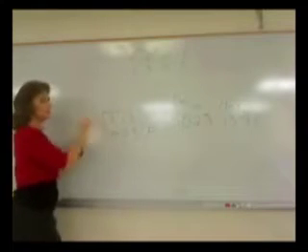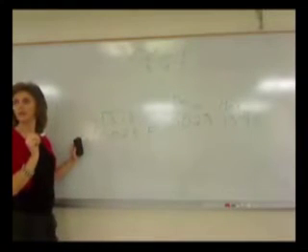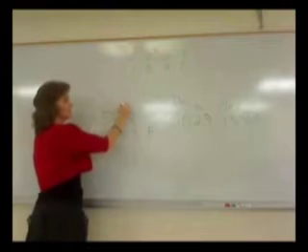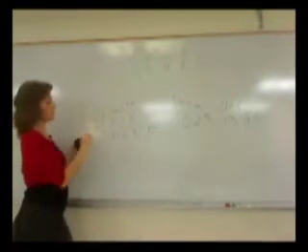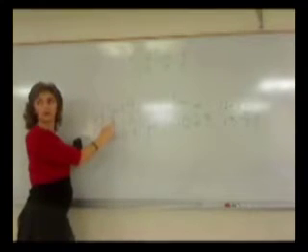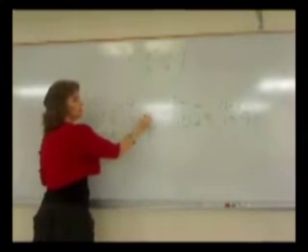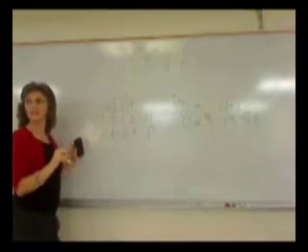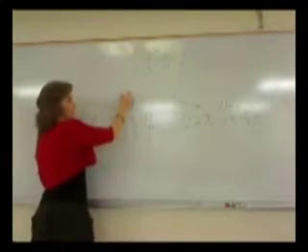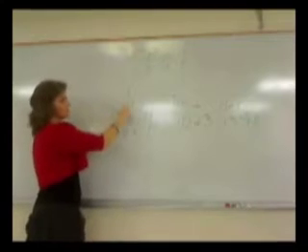16 into 313 is 19. And what is 16 times 19? 304. Subtract that from 313 and you've got 9 remaining. 16 will go into 19 one time. 1 times 16 is 16. Subtract that from 19.